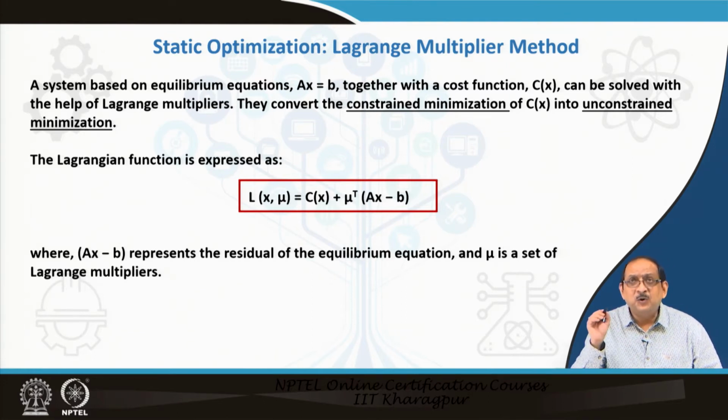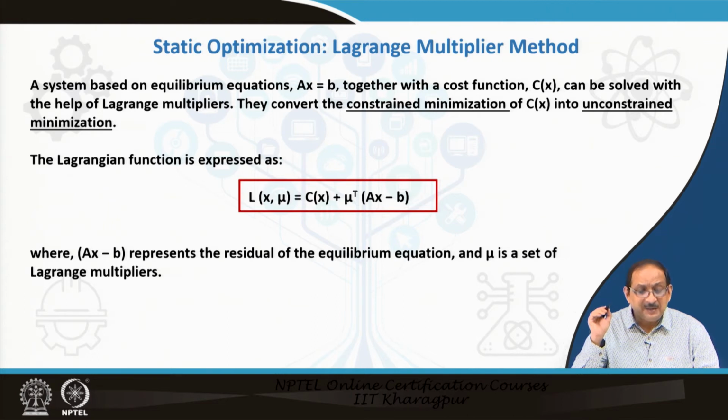Now, let us focus on the Lagrange multiplier method in the static optimization technique. The method of Lagrange multiplier is a strategy for finding the local maxima and minima of a function subject to equality constraints.